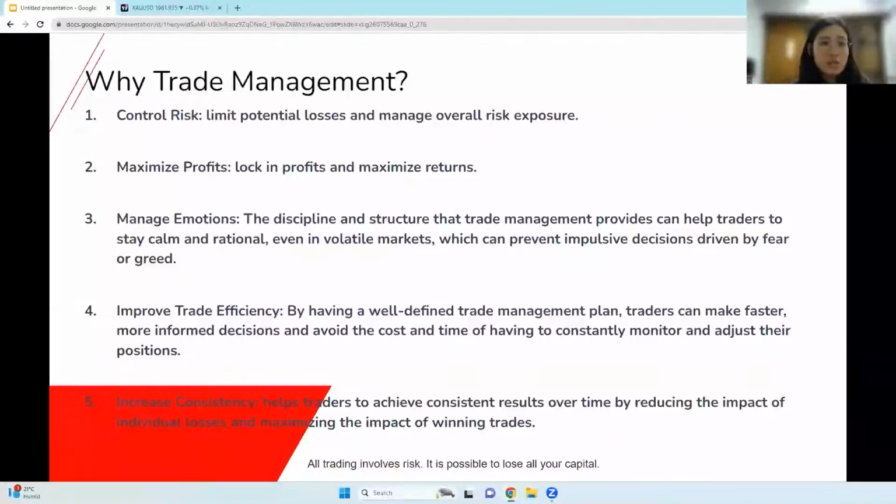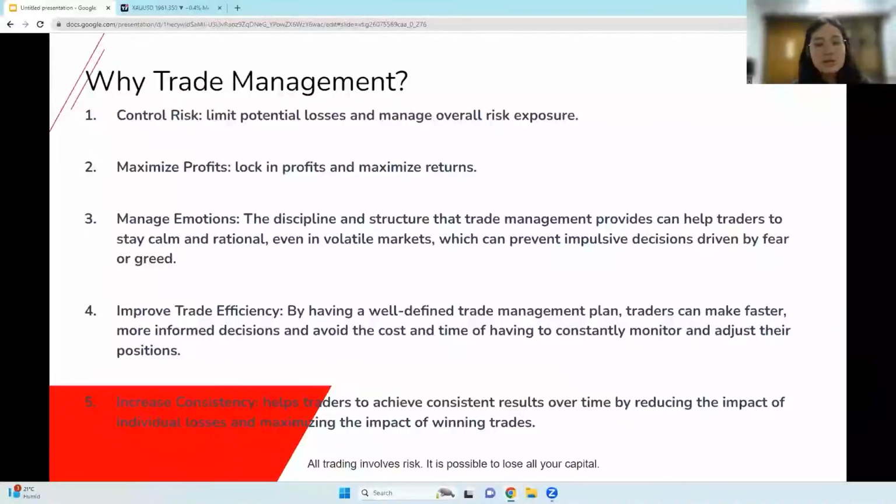Thirdly, manage emotions. The discipline and structure that trade management provides can help traders to stay calm and rational even in volatile markets, which can prevent impulsive decisions driven by fear or greed. Fourth, improve trade efficiency.